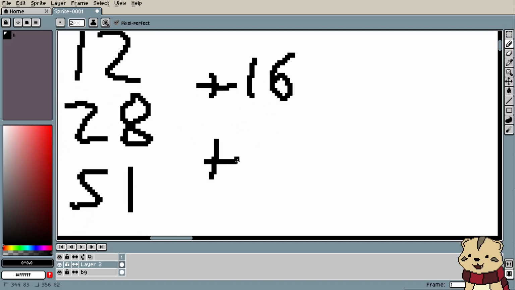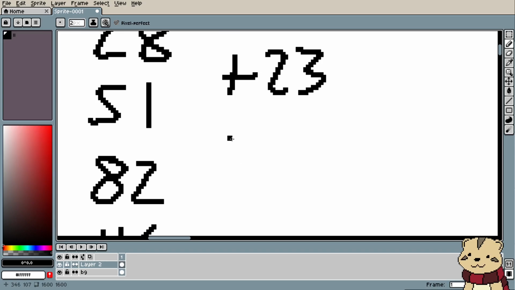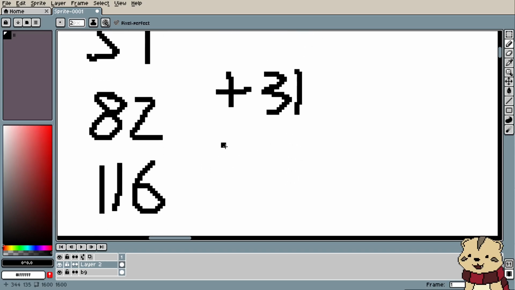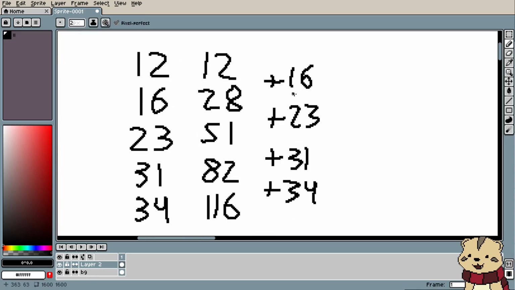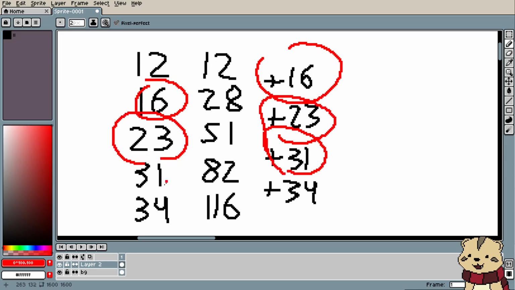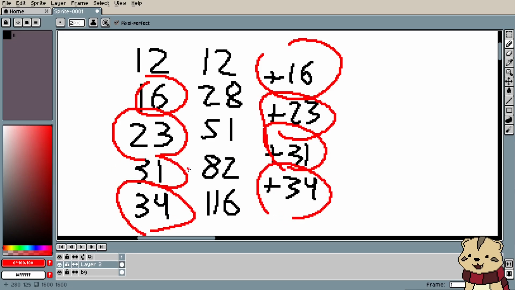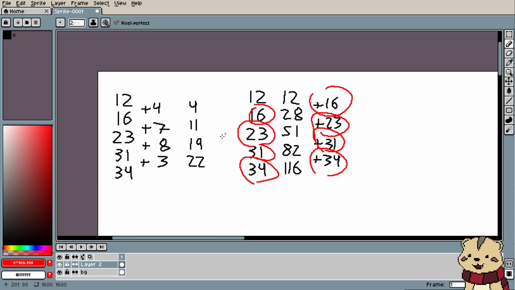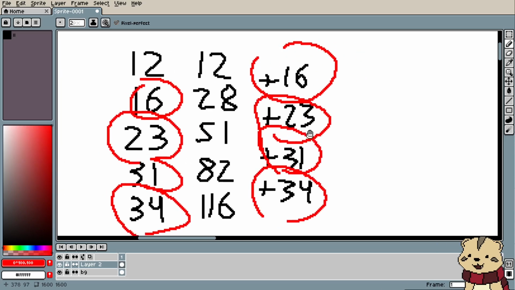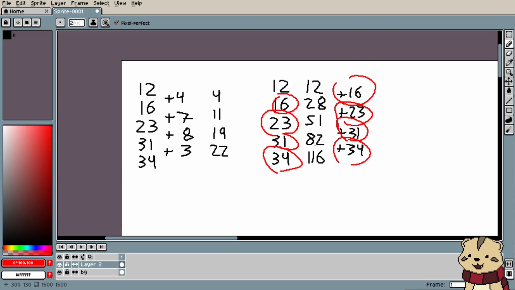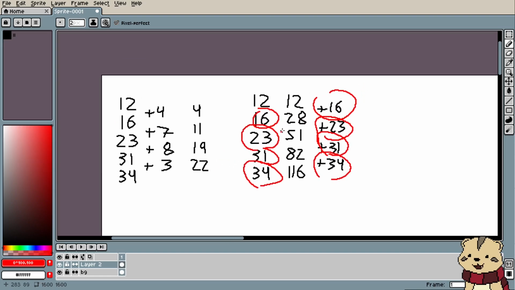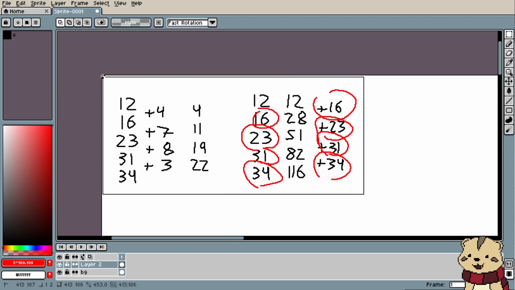So that's plus 16, plus 23, 51 to 82 is 31, and then 34. So look at that. We have 16, 16, 23, 23, 31, 31, 34, 34. In this case, when we did the operations this way, we got back our original numbers. So again, just something to keep in mind, but hopefully this illustrates what I'm talking about when I'm talking about differentiating versus integration. Integration is sums.